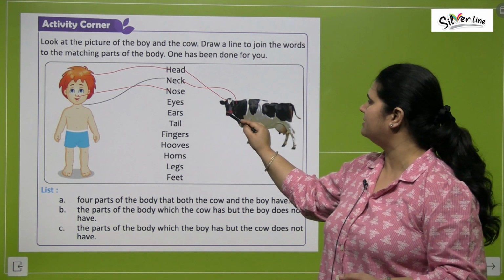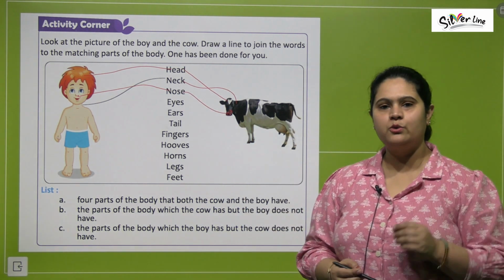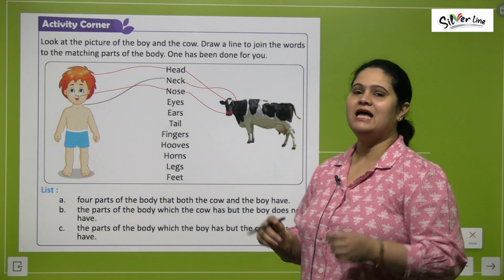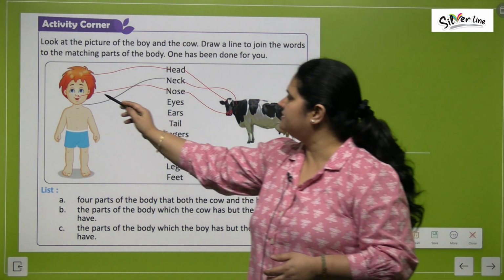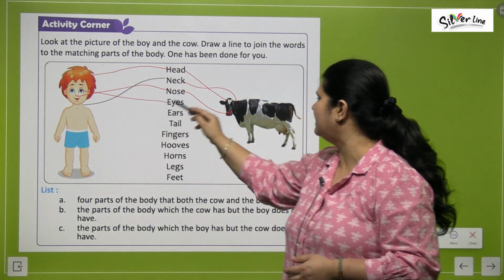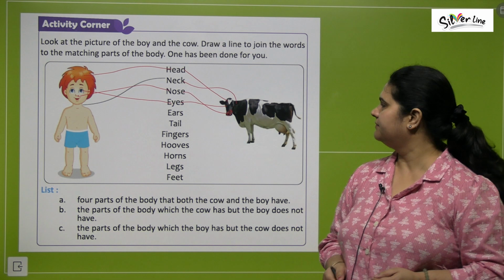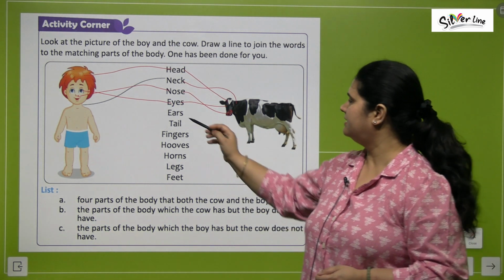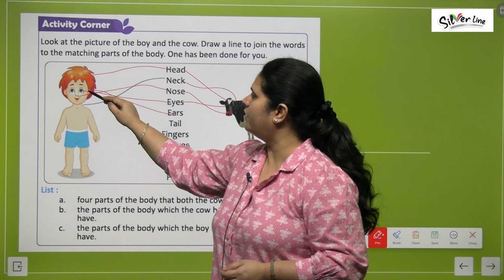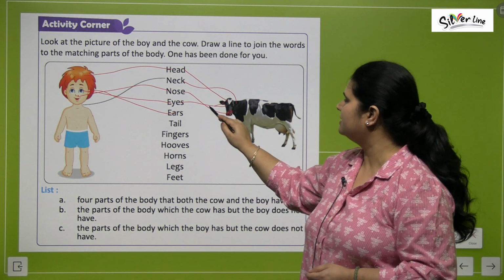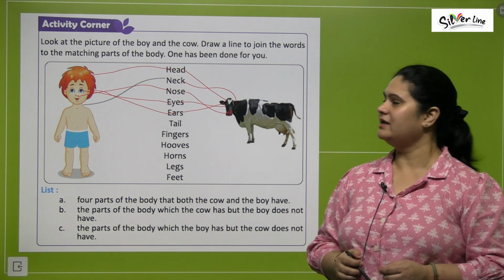This part, right? This is cow's nose. Then eyes. These are boy's eyes and these are cow's. Ears. Let's match them to the boy's ears and cow's ears, right?